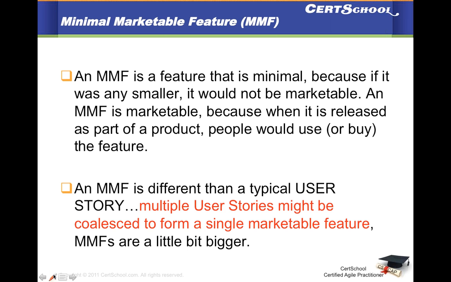Okay, so let me get a pen. All right. So an MMF is a feature that is minimal, because if it was any smaller, it would not be marketable. An MMF is marketable because when it is released as a part of a product, people would use it or buy it. Okay, so this is very key.